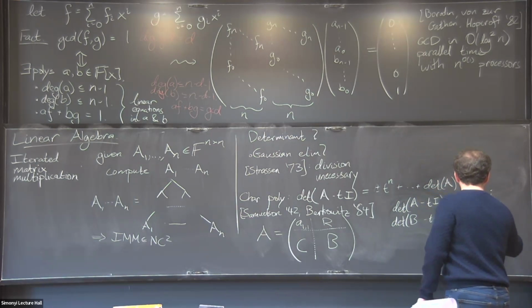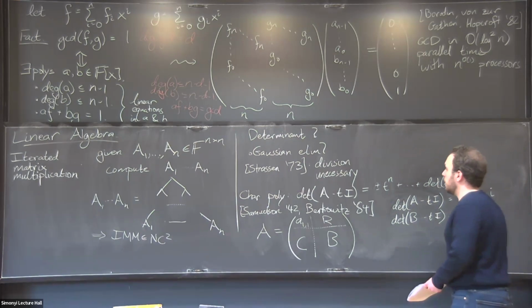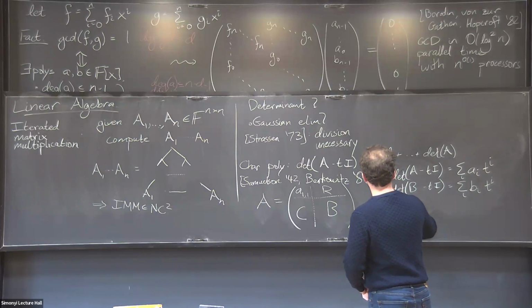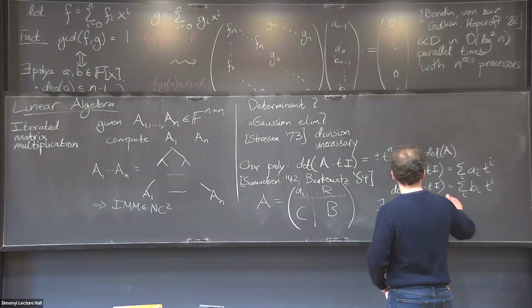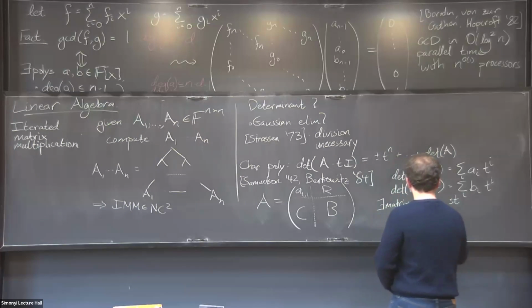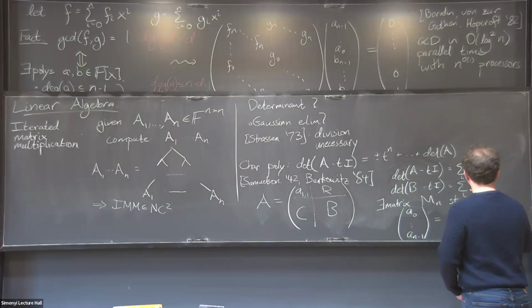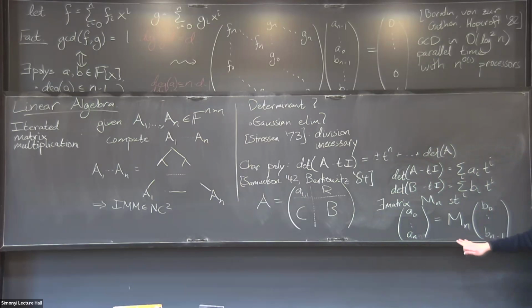And I want to use b_i for the coefficients of B's characteristic polynomial. And what they showed is that there exists some matrix, say M_n, such that if you want to compute the coefficients of A's characteristic polynomial, you can take the coefficients of B's characteristic polynomial and multiply them by this matrix M. Right?